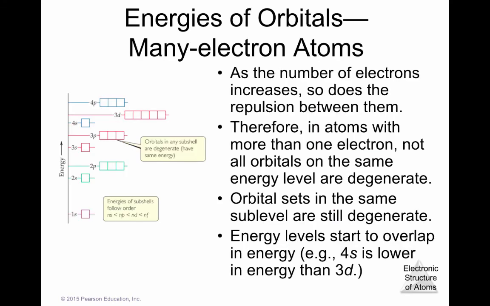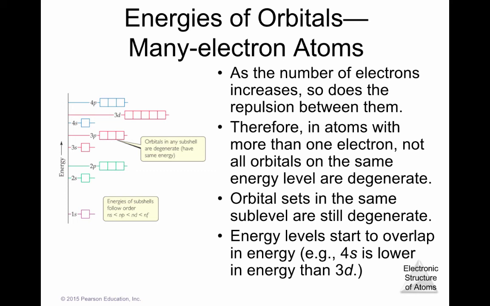Now, when you have multiple electrons in your atoms, you get repulsion between the electrons, which drives the orbitals a little bit apart. And so they don't actually have exactly the same energy anymore. So not all orbitals on the same energy level are degenerate.